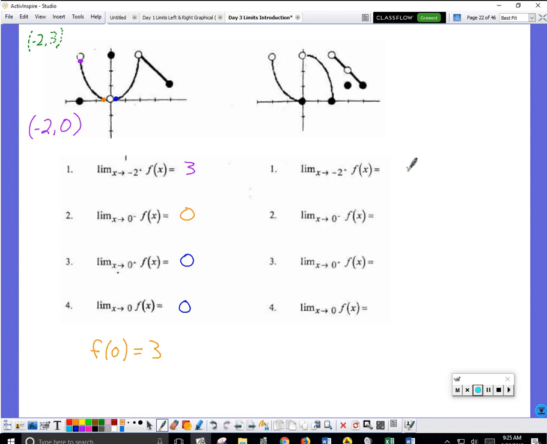Show me number 1. Can you show me your answer? Checking the whole room. If you're doing this, give yourself 3 tally marks. Okay, show me number 2.